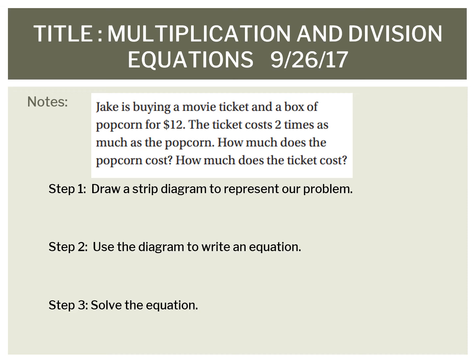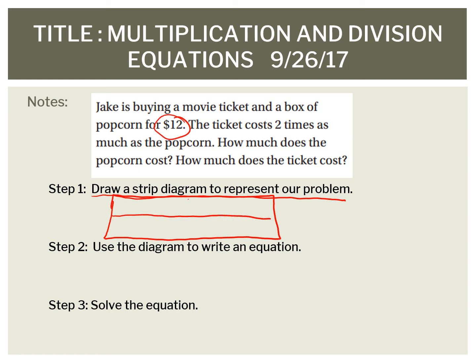All right. So on the left side, you have some clean space, or if you have space on the notes, you're free to write on your notes. But wherever you have room, we're going to do this work. So over here, we're going to draw a strip diagram to represent our problem. So let's look at our strip diagram. What do I know? I know that the total for the popcorn is $12 and the movie ticket.